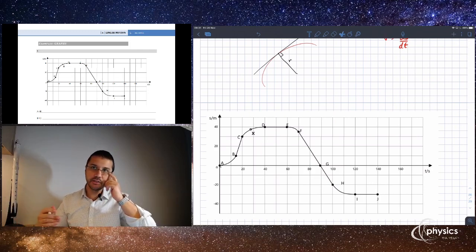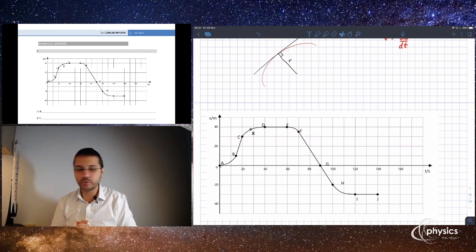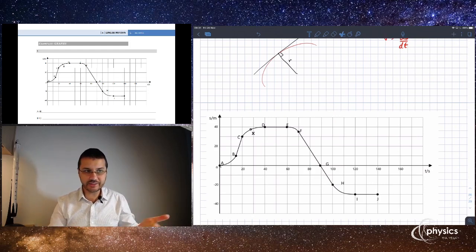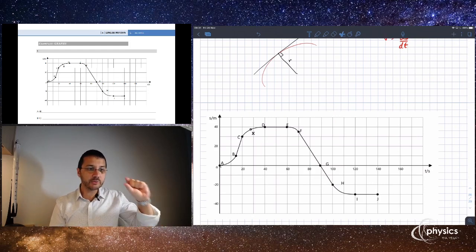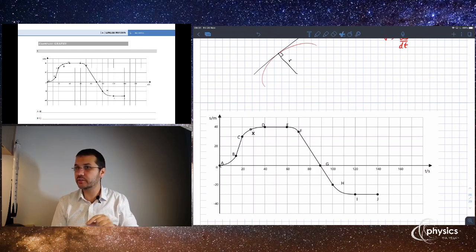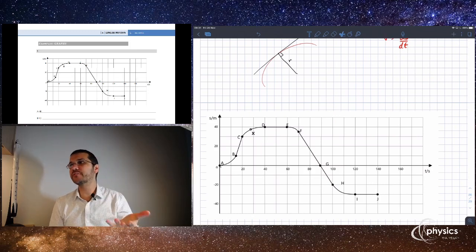Normally you're given smaller graphs, but this is a graph that you can expect. So what we're going to do is use whatever we learned till now about displacement time graphs, and we're going to interpret each and every piece of the graph. Each part of the graph. Wherever we have constant velocities, we can find the constant velocities right away.